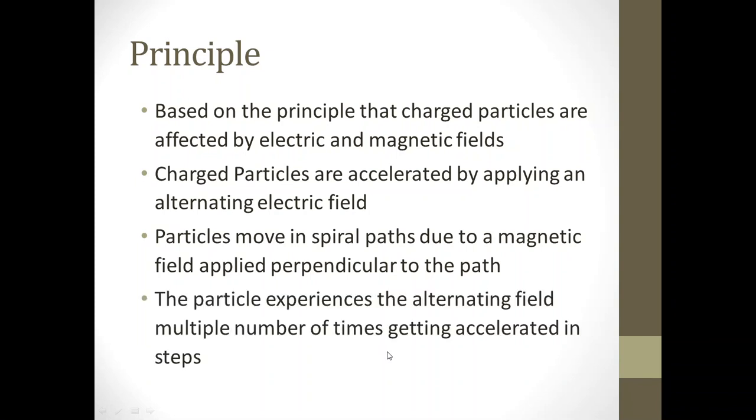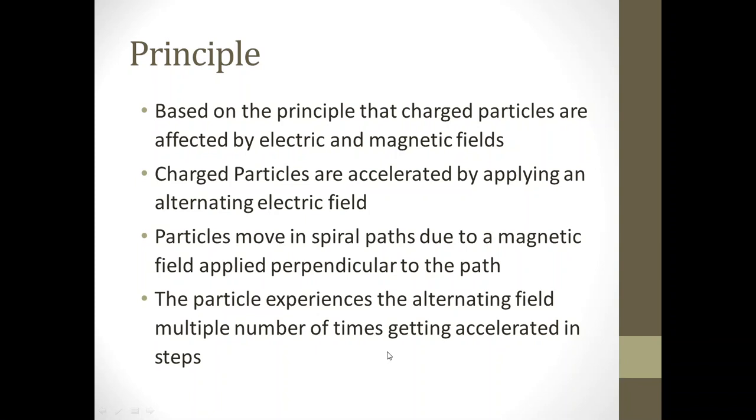So the particle experiences the alternating field multiple number of times, getting accelerated in steps. What it means is we apply a comparatively small alternating electric field and the particles are accelerated by the field a number of times.